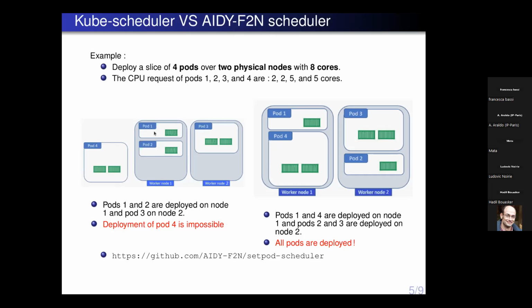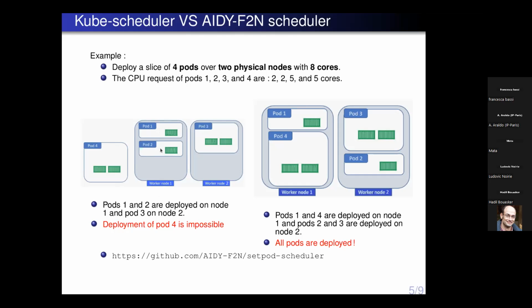So what the Kubernetes scheduler will do is deploy pod number 1 on this machine, because you need only 2 cores for this pod and this worker node has 8 cores.